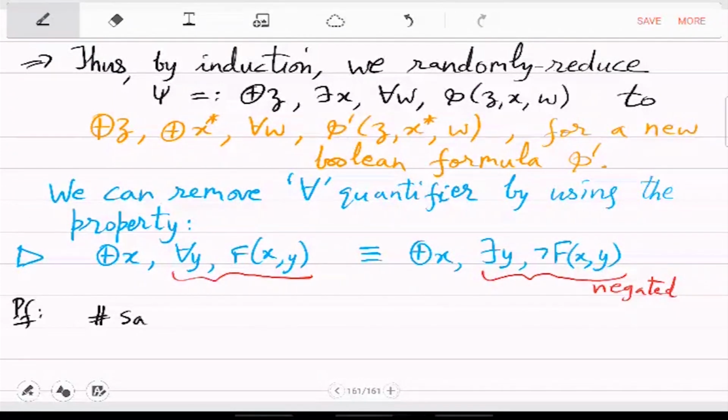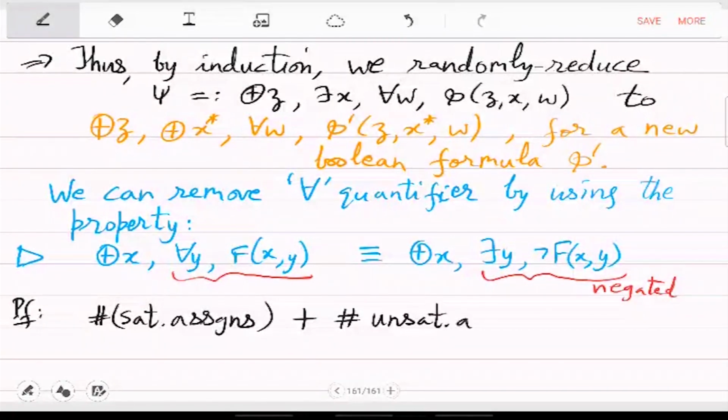So the number of satisfying assignments plus the number of unsatisfying assignments is equal to 2 raised to n. So even. Just use this fact. Since the sum is even, if one is odd, the other is also odd. If one is even, the other is also even. So this is why these two formulas are equivalent.